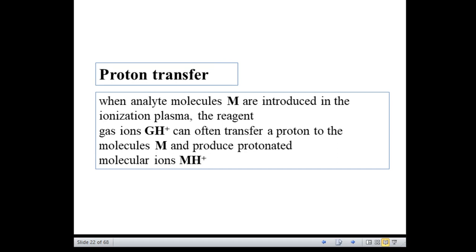So basically it is a simple acid-base reaction. This chemical ionization reaction can be described as an acid-base reaction. Here the reagent gas ions and the analyte molecules are, or the one is the proton donor and the other one is the proton acceptor.